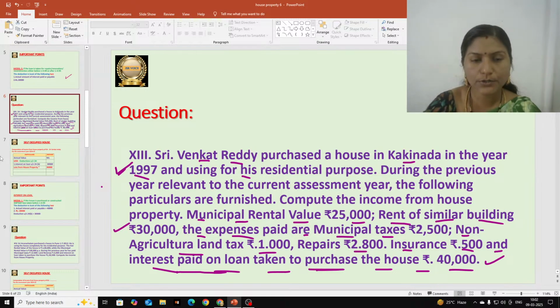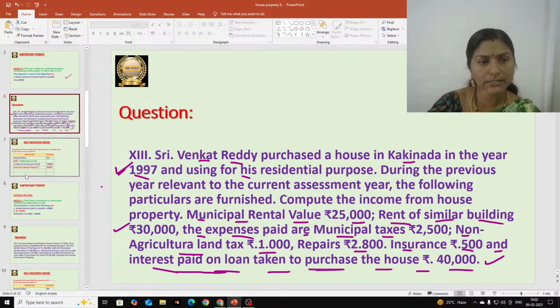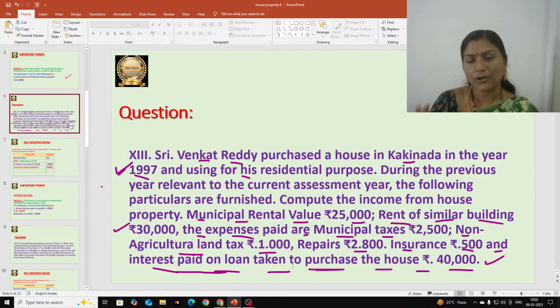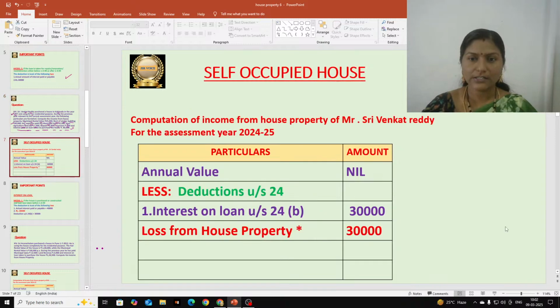So every time you have to observe only interest on loan, whether it is given or not, and why the loan was taken, for purchasing or for constructing the house, or for repairing or renovating the house. You should check that. And in which year the loan was taken, that is very important to check. And next, this is the solution that we did.